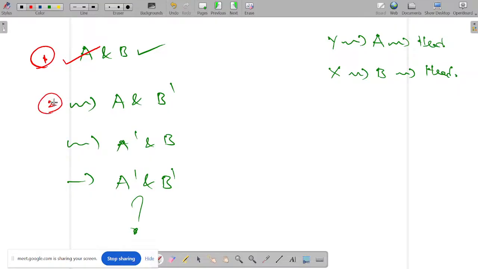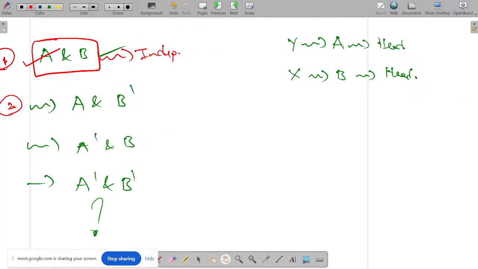Next, second. If this condition is true, if A and B are independent, then obviously we can say that A and B dash are independent. Am I right? What is A? Head. What is B dash? Tail. If I get head, is it that you should not get tail? No. Not necessarily; head can come, tail can come, all can come. So this is also independent. Then A dash: I tossed and I am not getting a head, I got a tail.